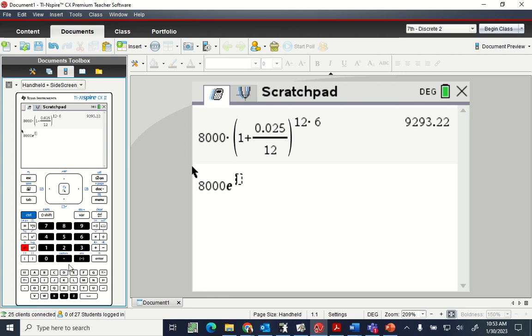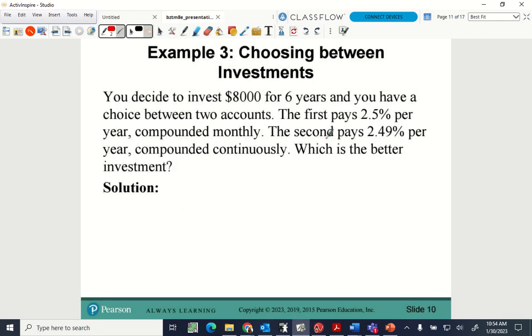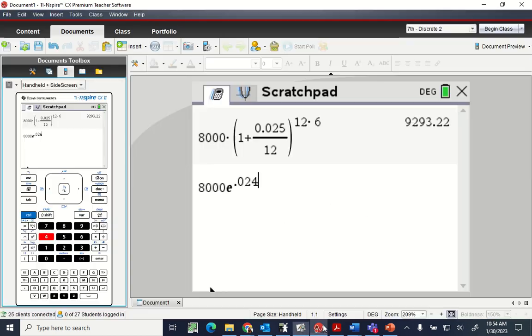So my rate here is going to be 0.0249, because my word problem says this one is 2.49, which is slightly different than what I had, because the other one is 2.5. So it's slightly less.